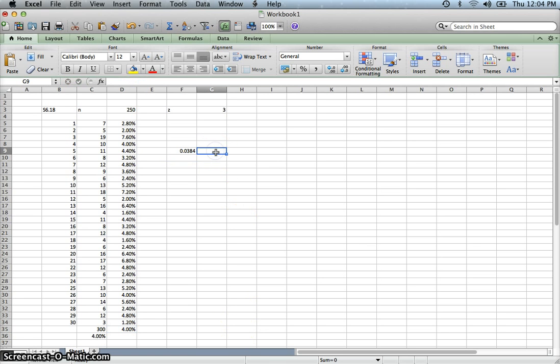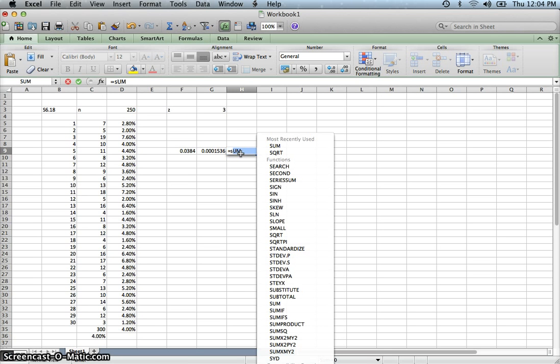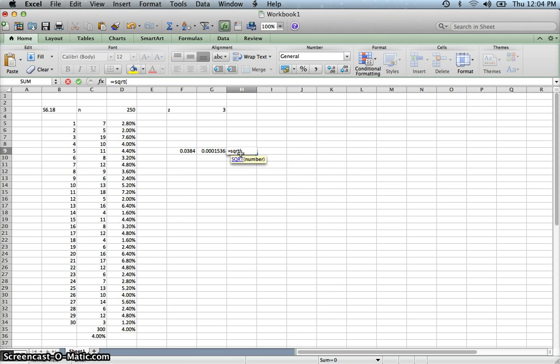Then we divide that by n. In this case, n is 250. And then we take the square root of that. It's much easier to make sure that the equation is done properly by dividing it into 3 different parts.